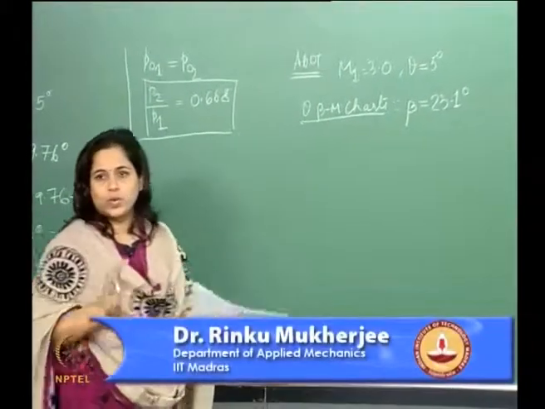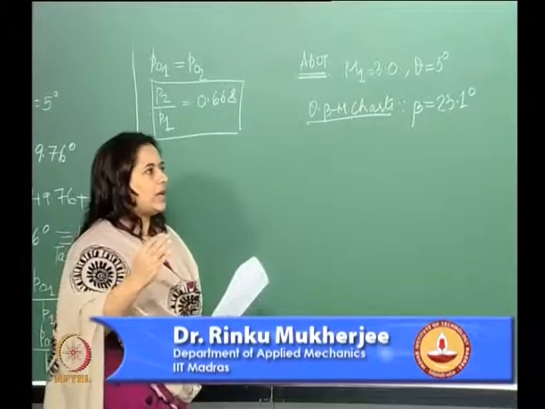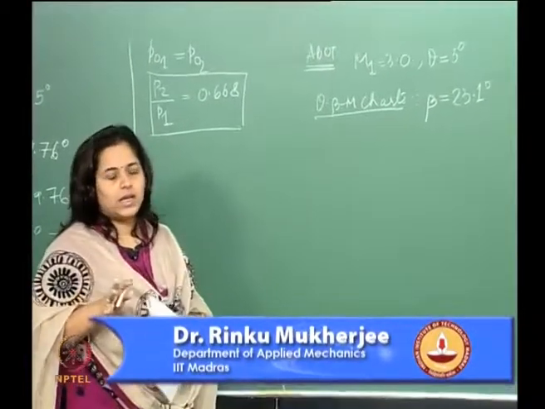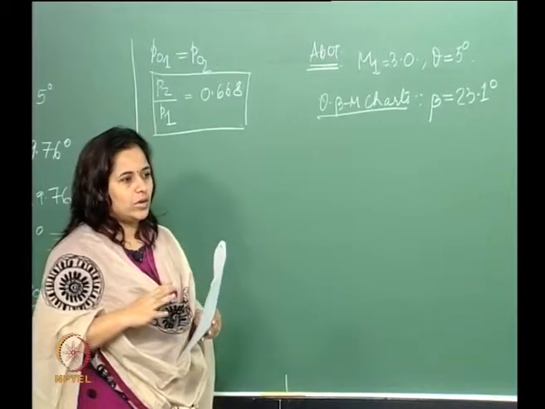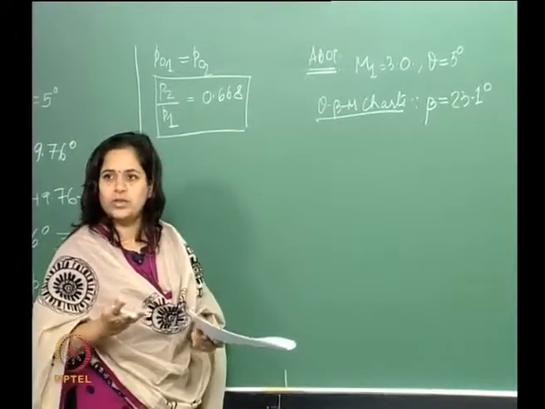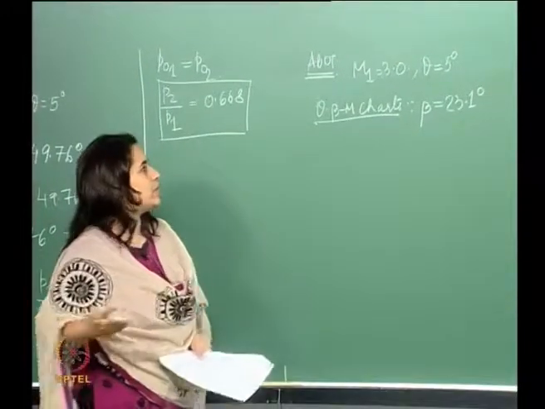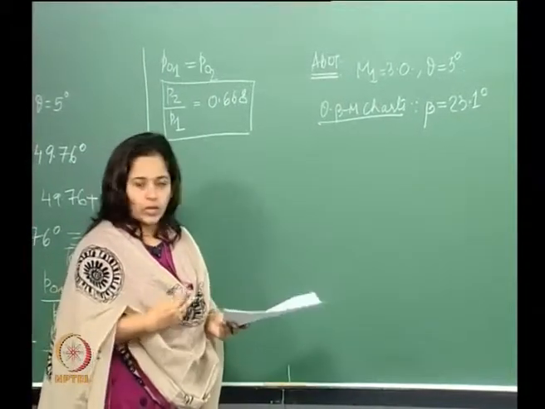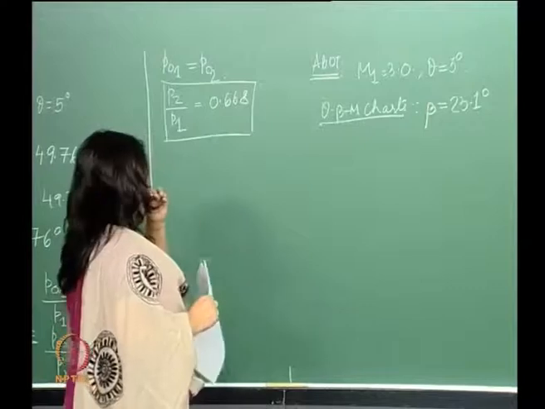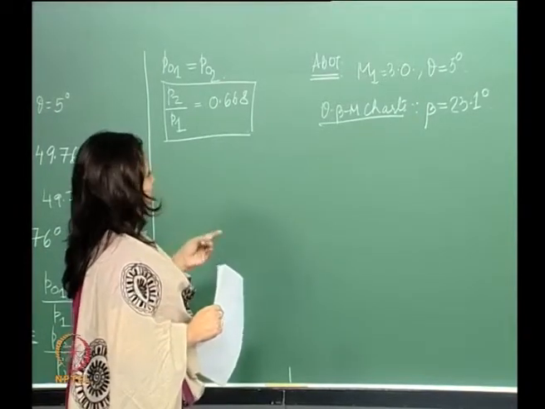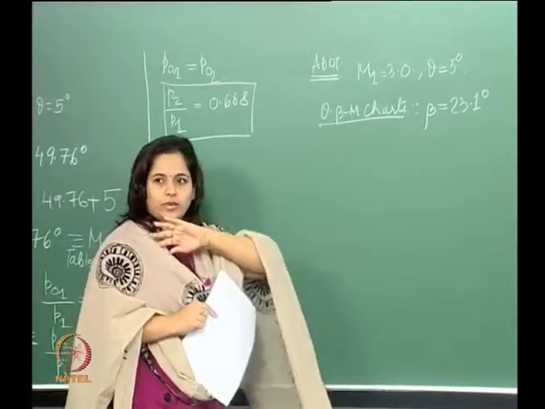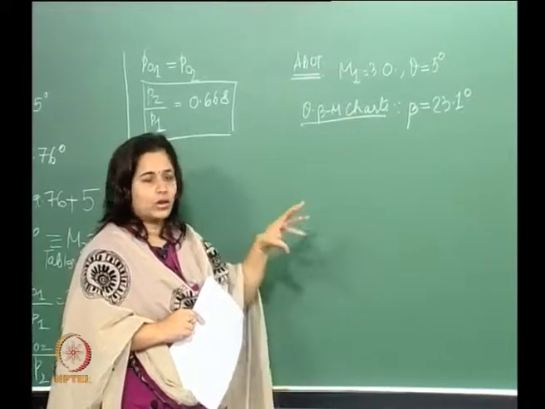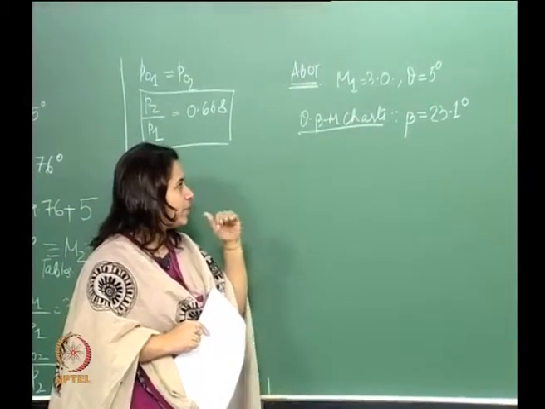So, now basically what we will do, like we did last time, we want to get the pressure distribution, and hence we will be able to calculate the total force and the lift and drag, and hence their coefficients. Okay. So, let us look at the pressure changes in this particular case when the flow is going across the shock at the bottom surface.